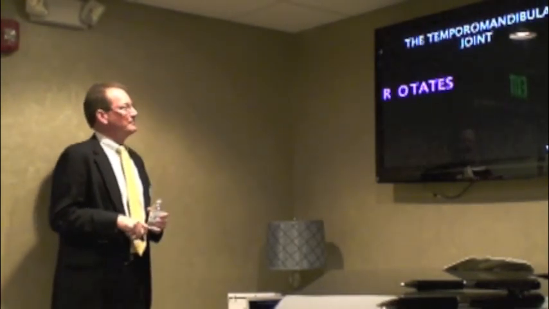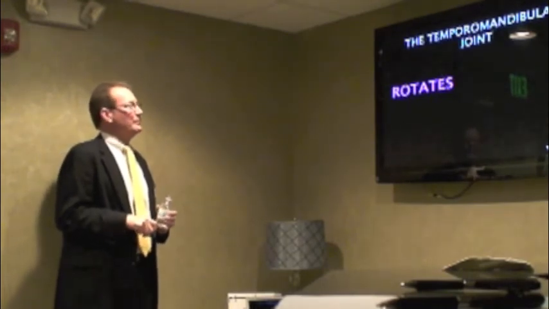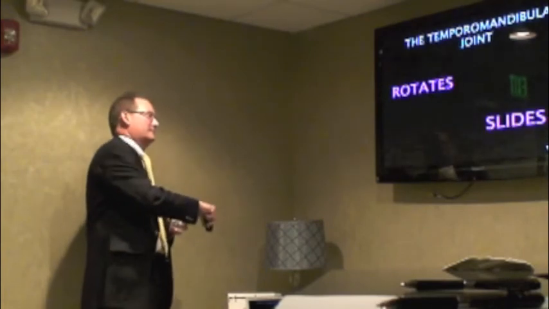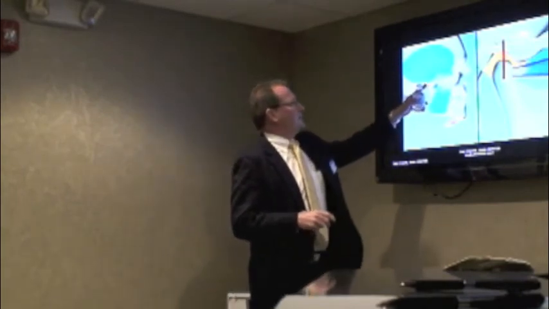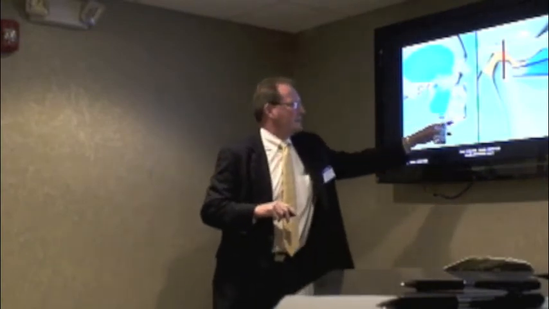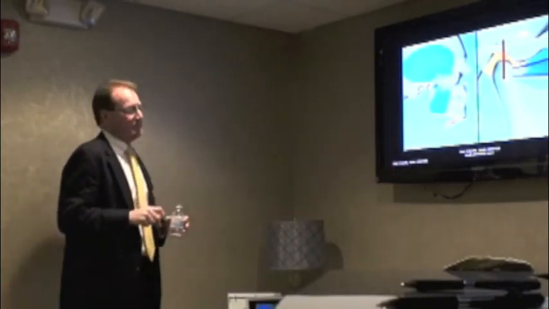Temporomandibular joints differ from other joints in our body in two different ways. One way is how it moves. It rotates and it slides or translates. Ideally, here's the disc, the retrodiscal tissue. When we begin to open, the anterior digastric contracts, and for about the first 15, 20 millimeters of opening, it's strictly hinge motion.